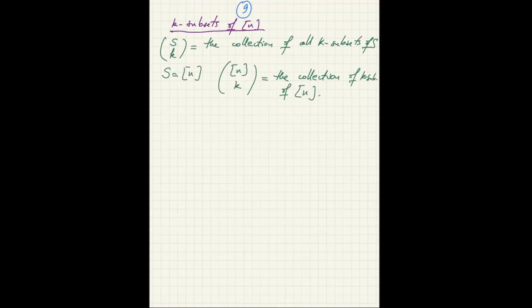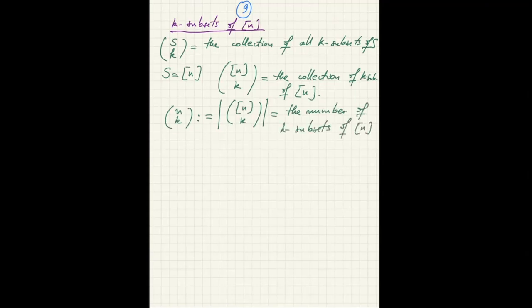Okay. And now we can define n choose k, this binomial coefficient, as the cardinality of this set. And it's essentially the number of k-subsets of n.